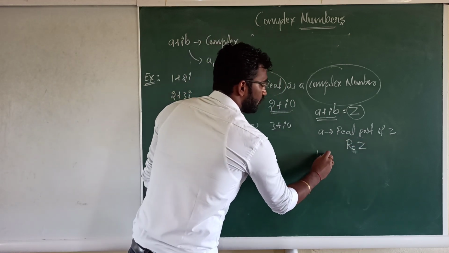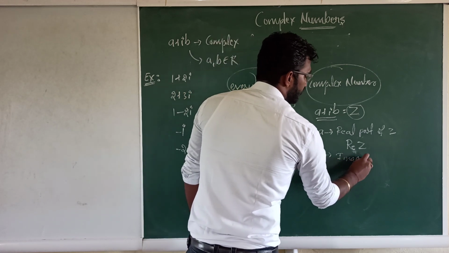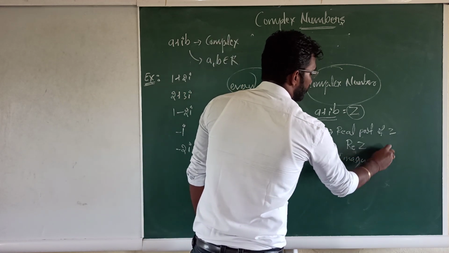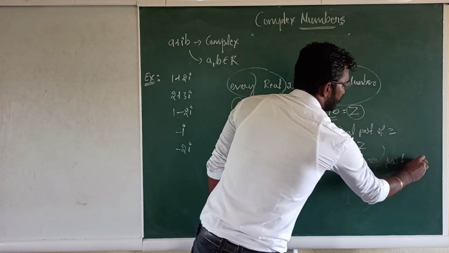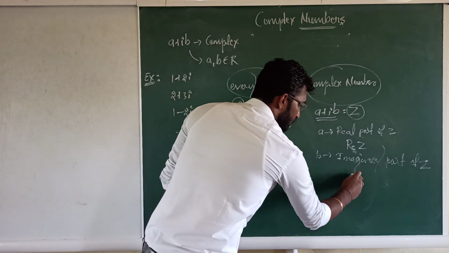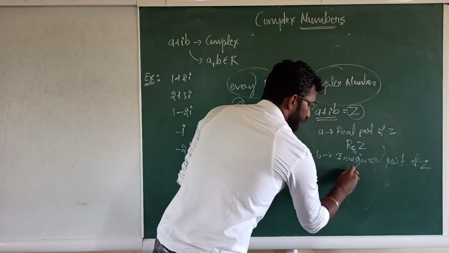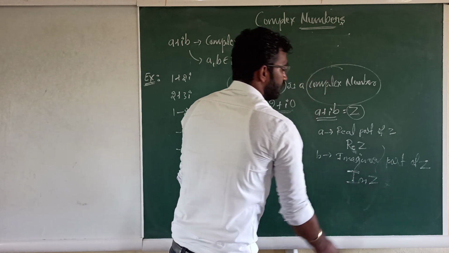Then b is called the imaginary part of z, which can also be written in short as Im of z, right?